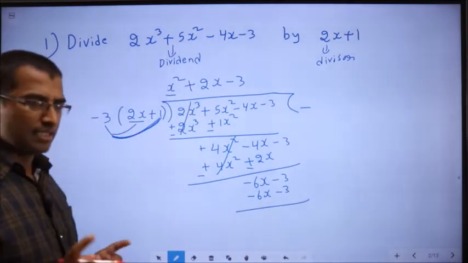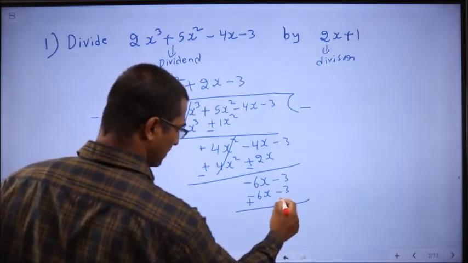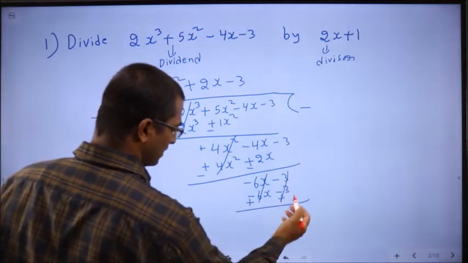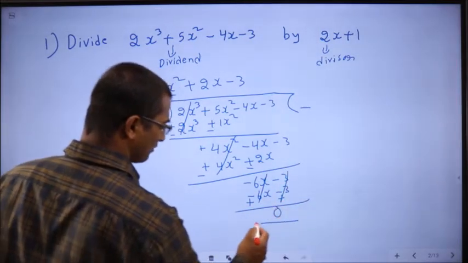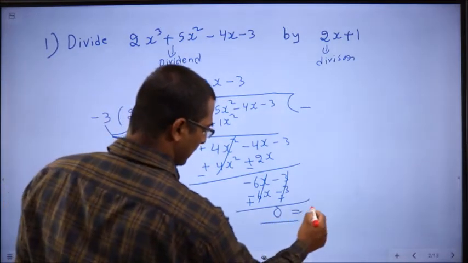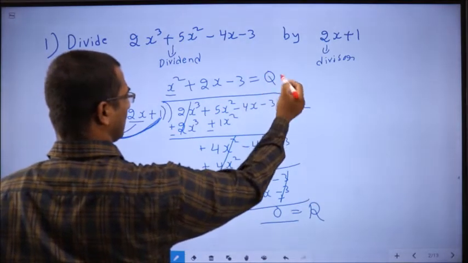Next, change the sign. So here it is minus, make it plus, here it is minus, make it plus. This cancels out, minus 3 plus 3 also gone, you get 0. Okay. This is the remainder, and this we call the quotient.